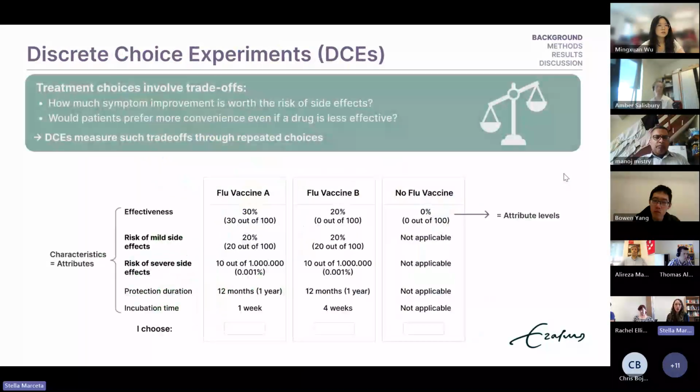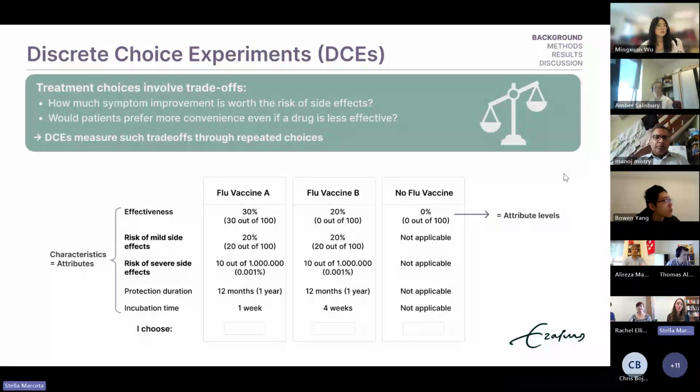But how do we measure these patient preferences? The most commonly used technique is discrete choice experiments, and I will refer to them as DCEs from now on. This method became so popular because it is pretty good at measuring trade-offs, because often the perfect drug or medicine doesn't exist.